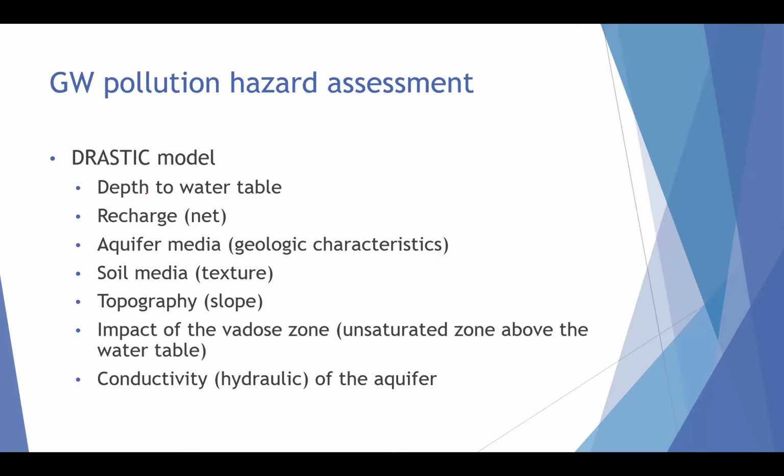Basically it uses seven data sets: depth to the water table, net recharge, aquifer media, that is geological characteristics, soil media, topography, impact of the vadose zone, that is the unsaturated zone above the water table, and hydraulic conductivity. So C is conductivity.